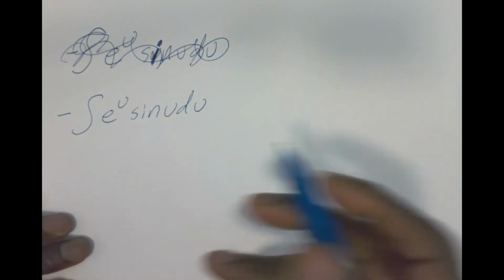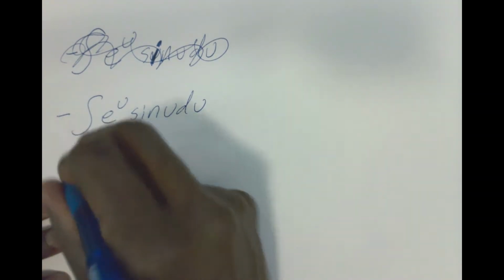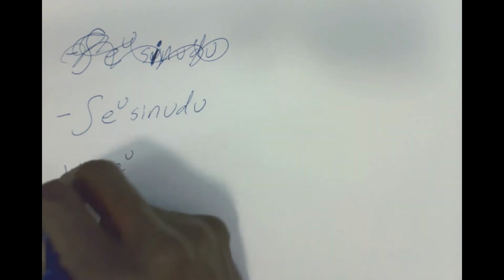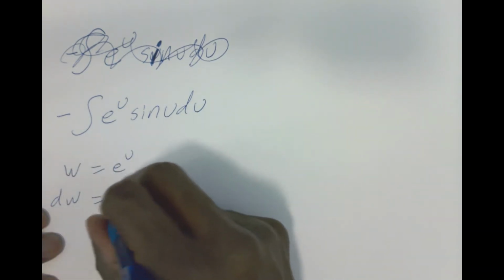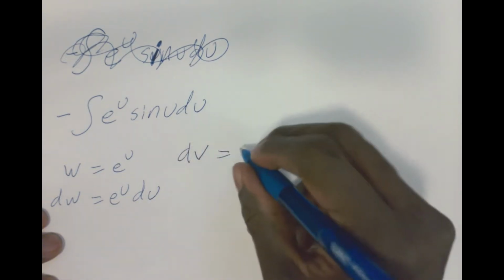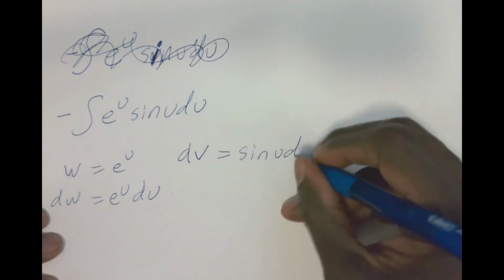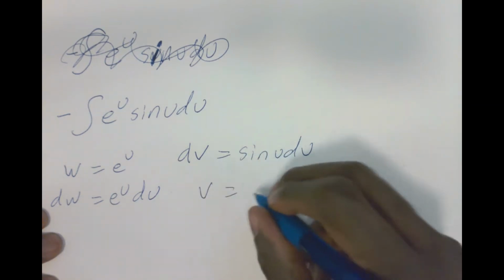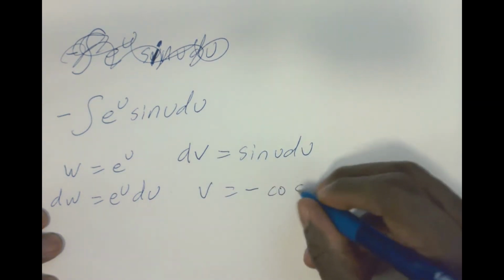It's not like a polynomial that eventually will become a constant through differentiation. So which one you make w and which one you make dv is up for grabs. What I'm going to do is make w equal e to the u, which means dw is e to the u du, and I'm going to make dv equal sine u du, which means v is going to be negative cosine u.